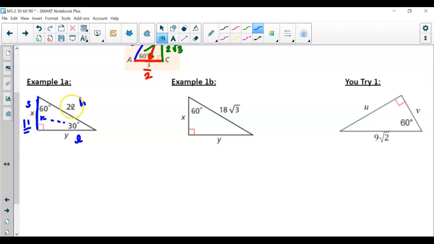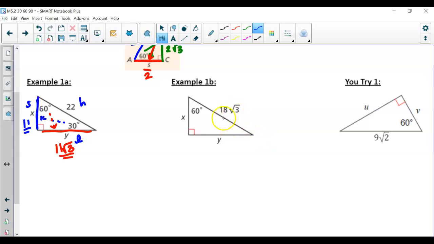It is half of my hypotenuse. And then if my short leg is 11, the long leg, opposite from the 60, is 11 radical 3.